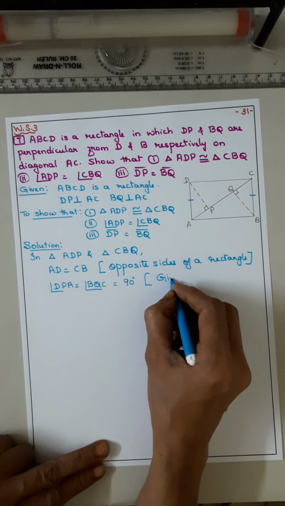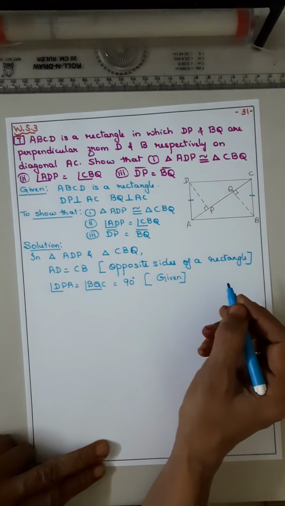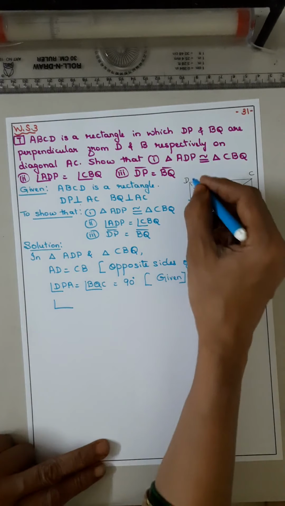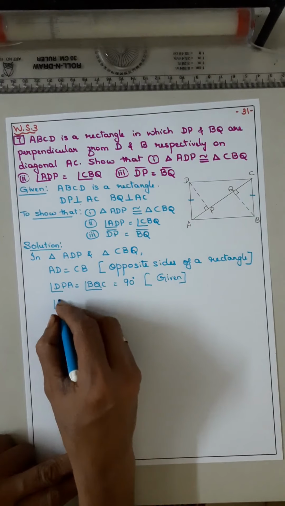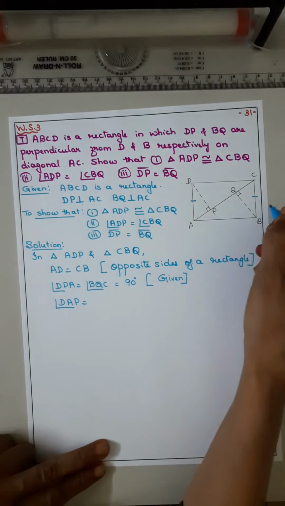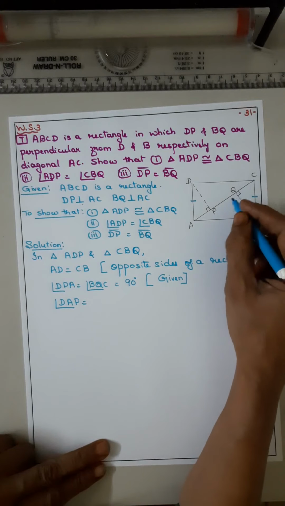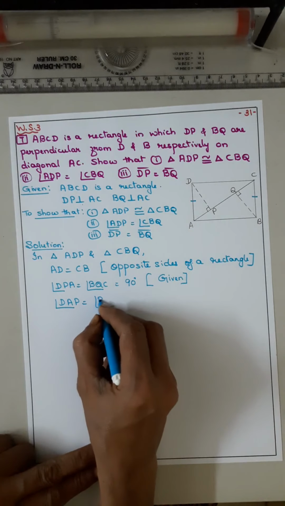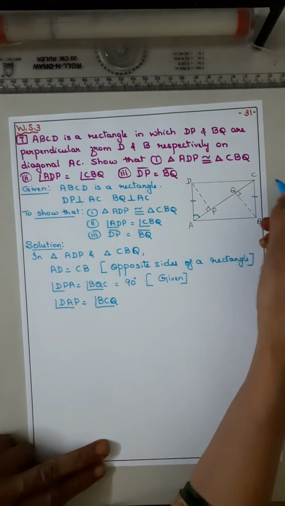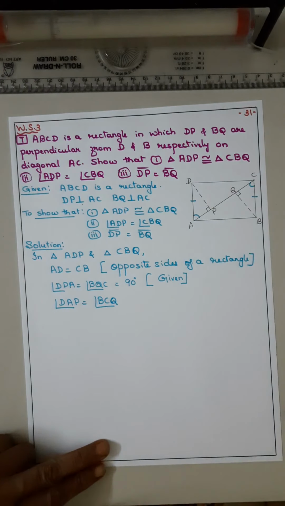They are perpendicular, that is given. Now angle DAP is equal to angle BCQ.